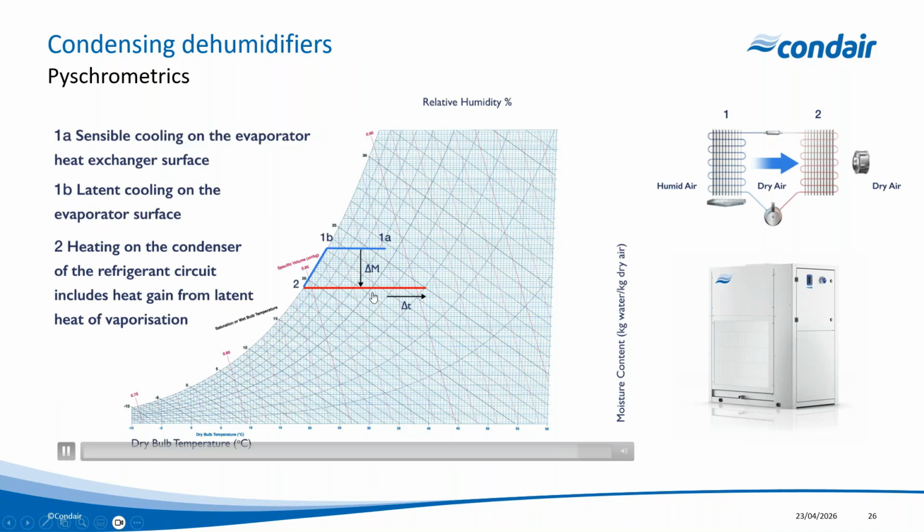Now this also tells us that we have an issue when we go to a lower temperature. If we have a lower temperature requirement or a lower relative humidity requirement, then we're going to run into problems with a condensing dehumidifier. Because we're dealing with a direct expansion refrigeration system, we're limited by the apparatus dew point.